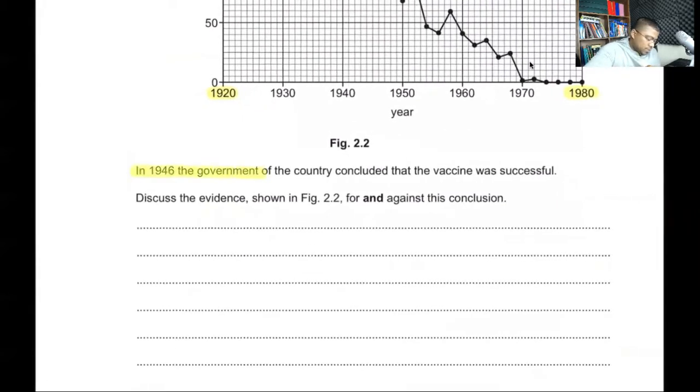In 1946, the government of the country concluded that the vaccine was successful. Discuss the evidence shown in figure 2.2 for and against this conclusion.